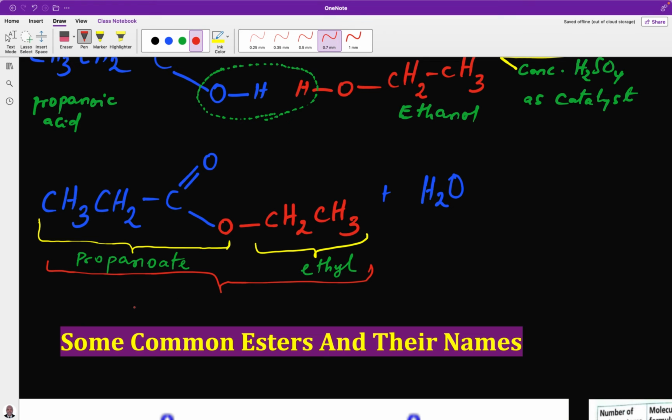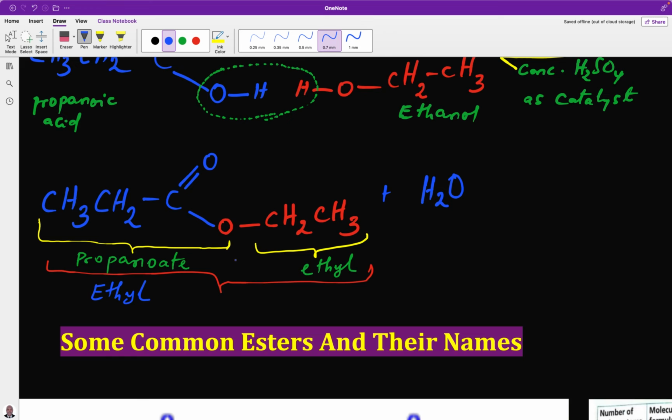We said in naming that the first part of the name, which is the alkyl group, comes from the alcohol, and the second part comes from the acid. The first part is ethyl, from the alcohol.